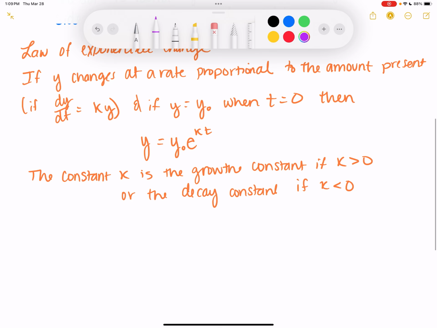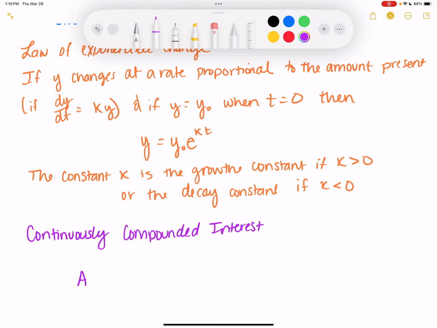We're going to have some formulas here, which you might recognize from pre-cal. Continuously compounded interest. So we've got A of t is equal to A sub 0 times (1 plus r over k) to the kt, where k is the number of times compounded.